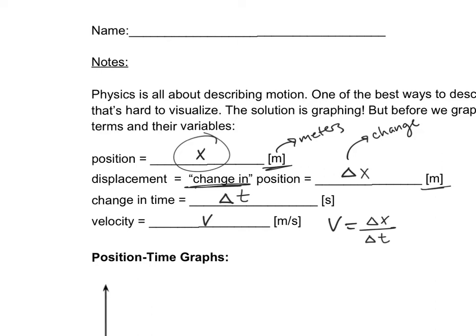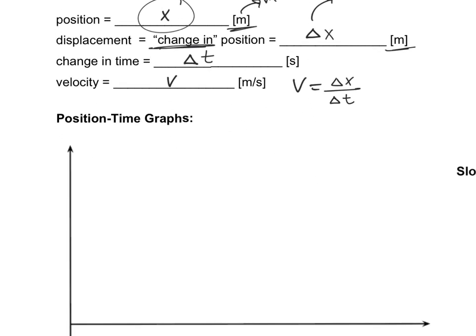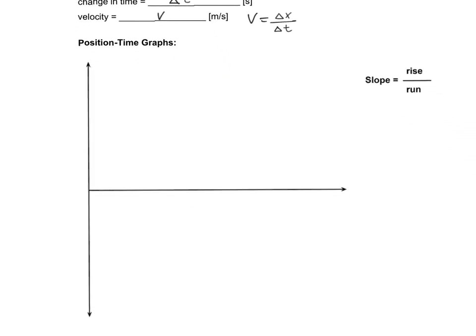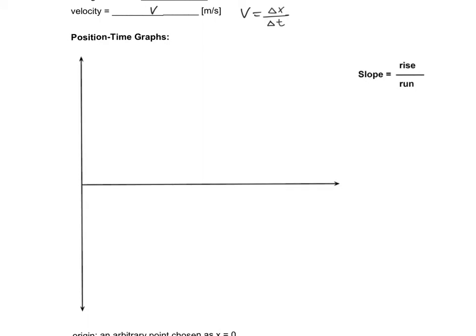The first type of graph we're going to be looking at is called a position time graph. Now, position time graphs are pretty cool, but they're a little bit mind-bending on the mathematical portion if you've never seen one before. So in math, you learn that this horizontal axis is x and the vertical axis is y.